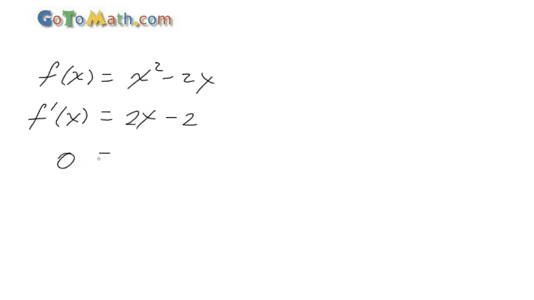Set the derivative equal to 0. We're looking for those test points. So I'm just going to plug c in for x there. And as you can see here, our critical number is going to be c is equal to 1, right? Because 2 times 1 is 2, minus 2 is 0.